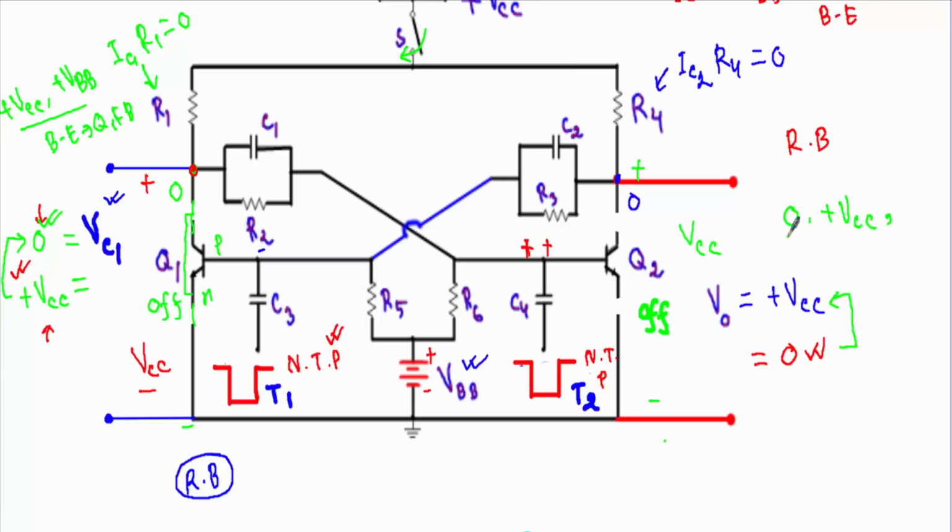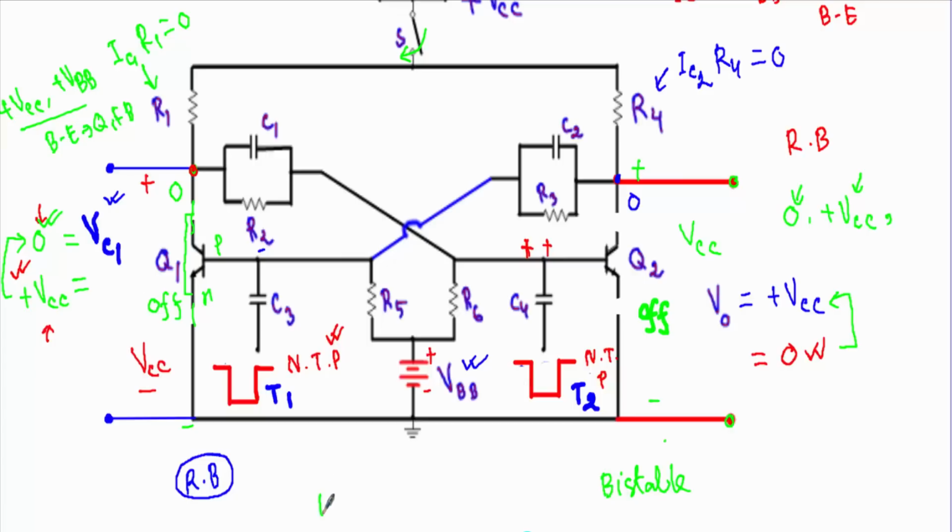If we don't apply any triggering pulse, it will stay at either 0 or plus VCC level, as the output of this multivibrator circuit can remain fixed at both this 0 and plus VCC level. That's why this is known as bistable multivibrator circuit.